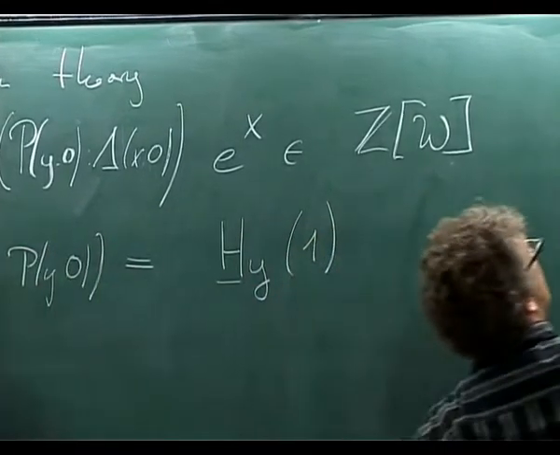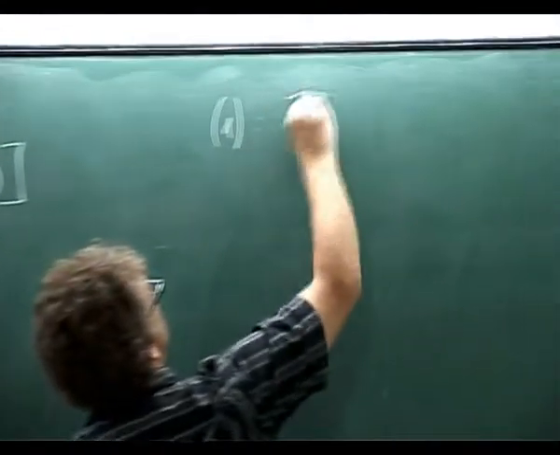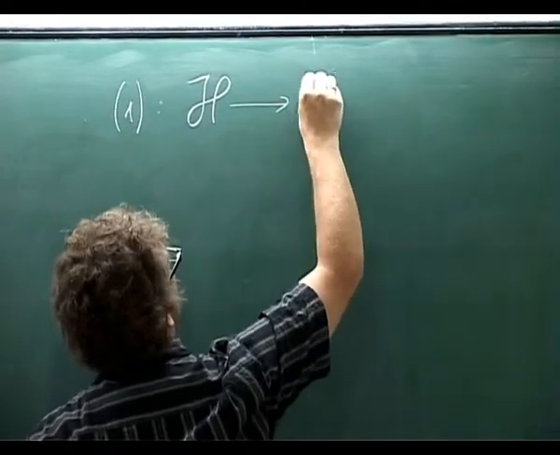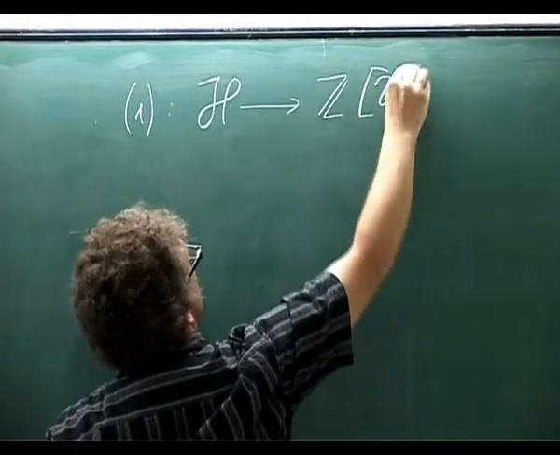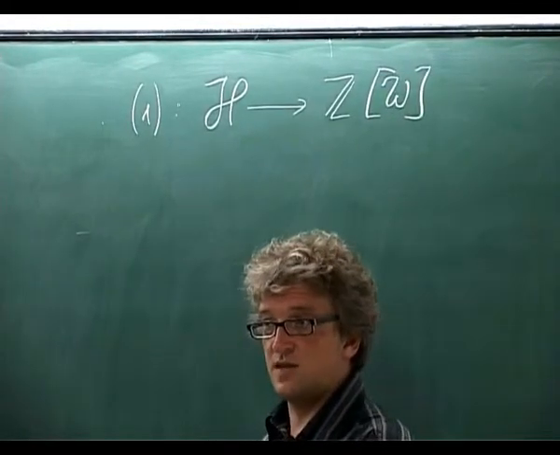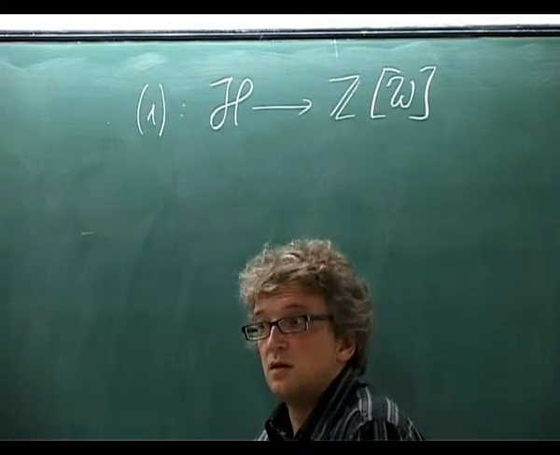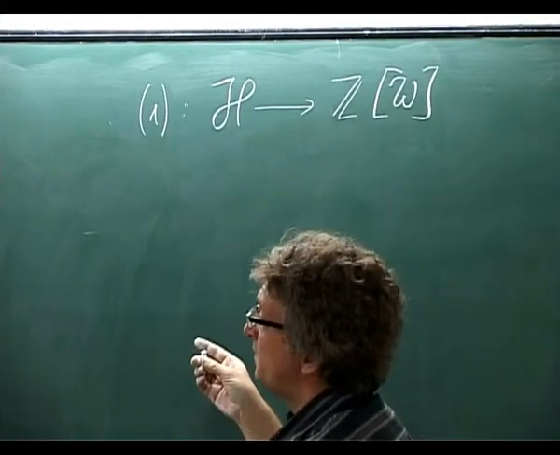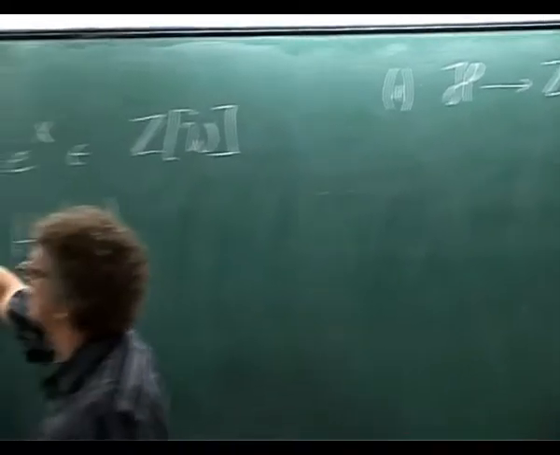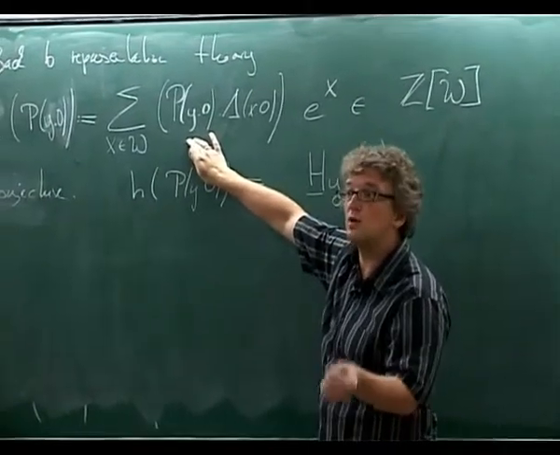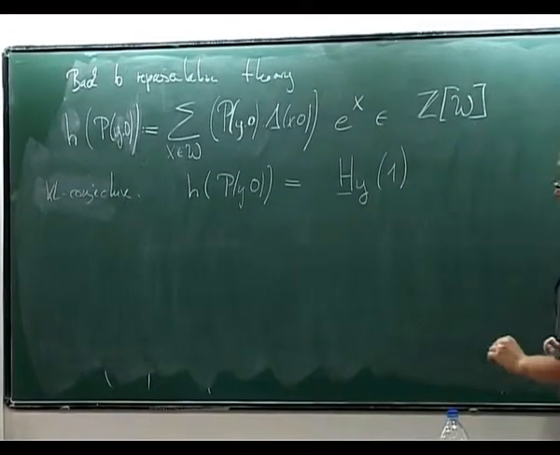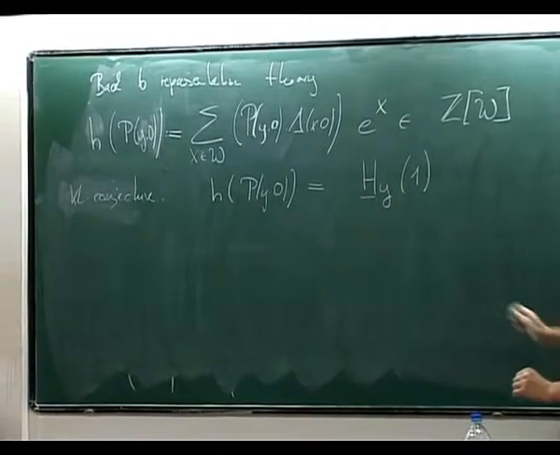Evaluation at 1 should give a map from the Hecke algebra to ZW. I mean, you evaluate each coefficient, which is a polynomial in v and v to the minus 1, at 1. And this relation just means that this coefficient is the corresponding Kazhdan-Lusztig polynomial evaluated at 1.